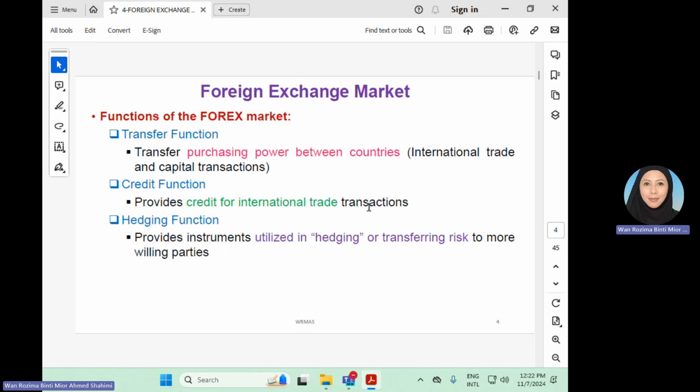So first, purchasing power; second, to ease the international transaction; third, to transfer or minimize the risk. Remember that's the function of hedging. You try to minimize the risk by taking certain strategies, one of which is using trade strategies that involve exchange rates or currency.